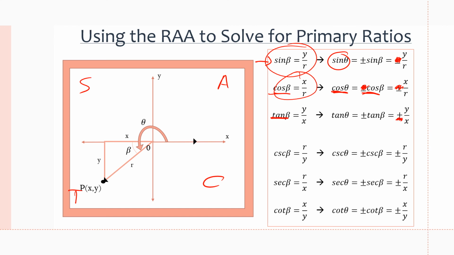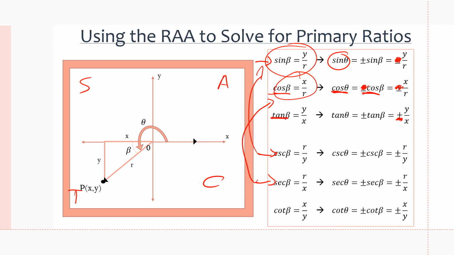Now, for the reciprocal trigonometric ratios, their signs depend on the sign of their reciprocal primary ratios. Since cosecant is the reciprocal of sine, and sine is negative in quadrant 3, as we found out here, cosecant will be negative in quadrant 3. Same with secant: since cosine is negative in quadrant 3, secant will also be negative.